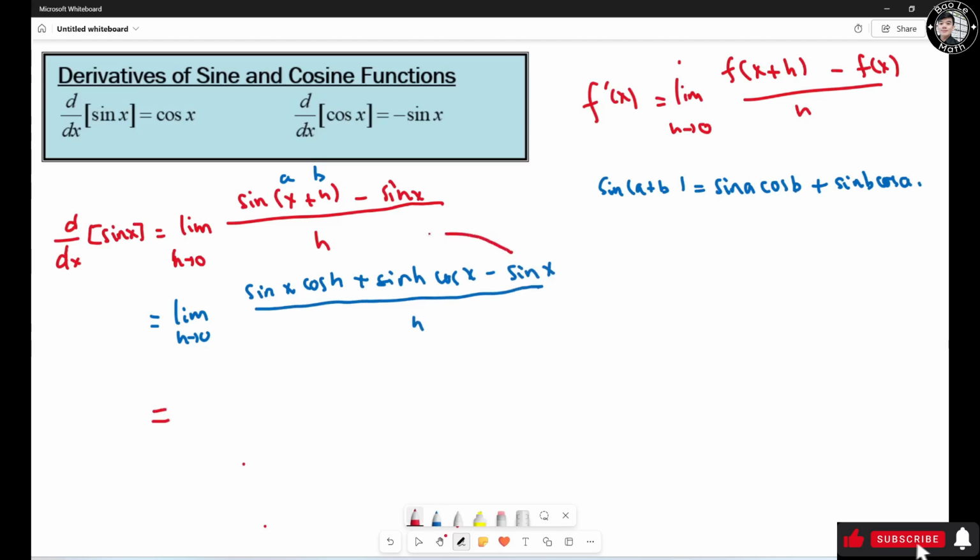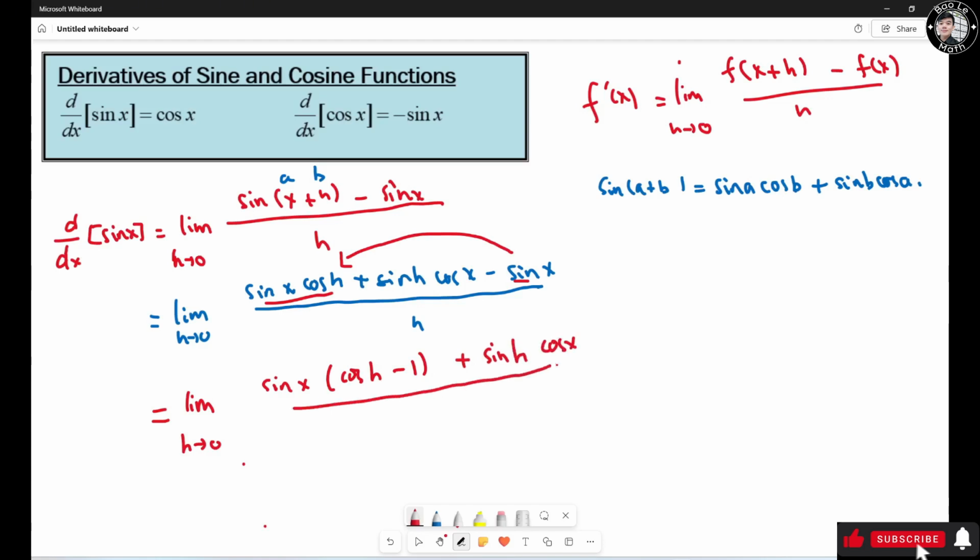I'm going to move this one over here, then move these two, so it turns out to be the limit when h approaches 0 of sin s. I'm going to factor sin s out, so it's going to be cosine h minus 1, plus sin h cosine s, all together over h. Now I'm going to separate this into two limits.